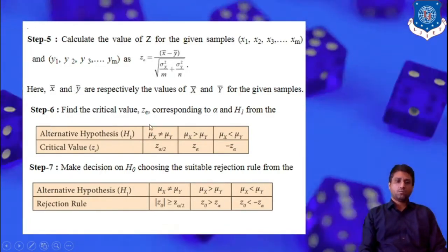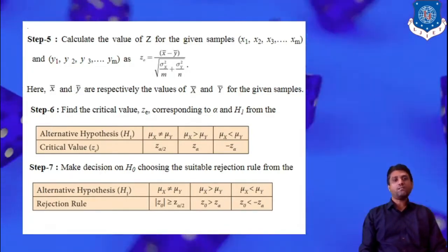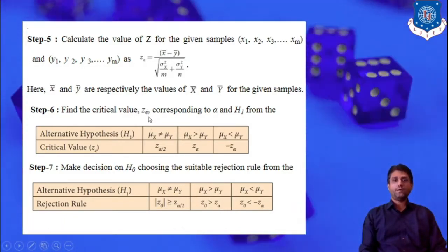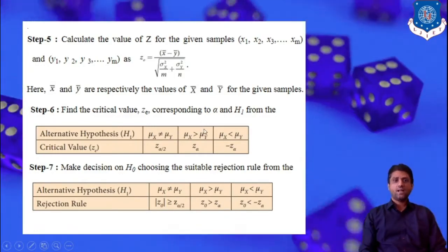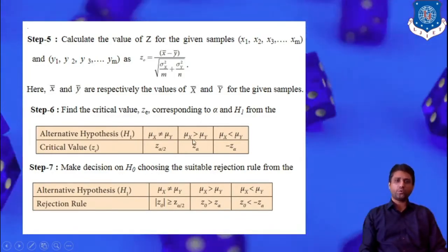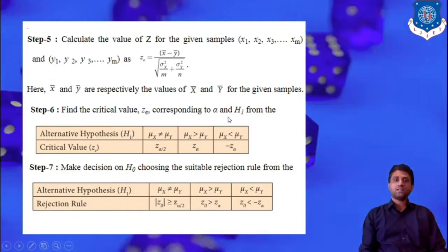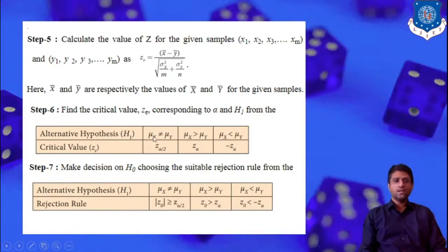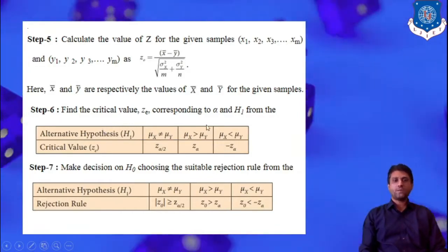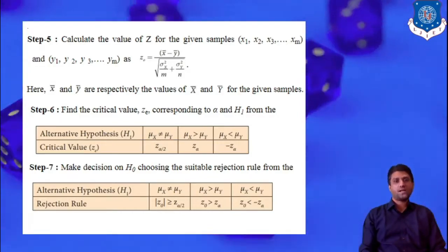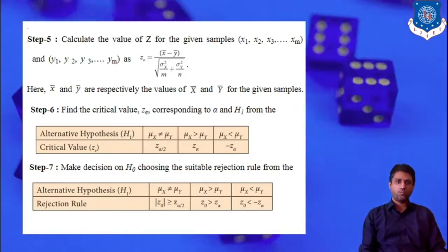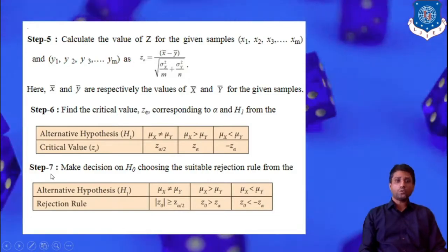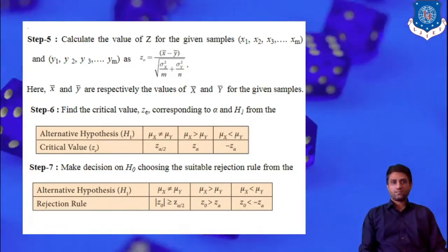According to whatever level of significance we consider, we have to find the Z value, which is already predefined, and we just take this value from the standard normal table. So in step number 6 there is not much to do, we just collect one tabulated value. Finally, in step number 7, we have to give our decision.